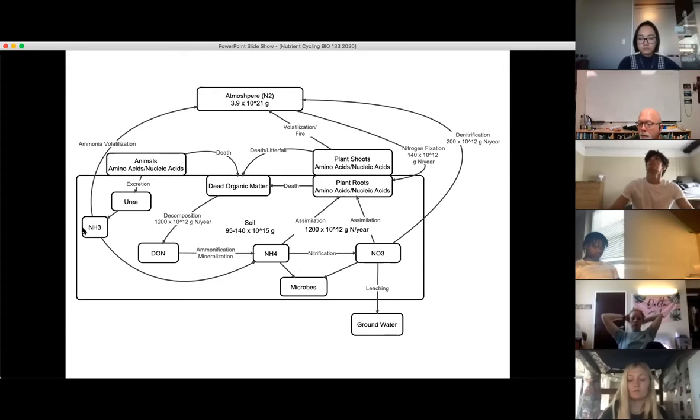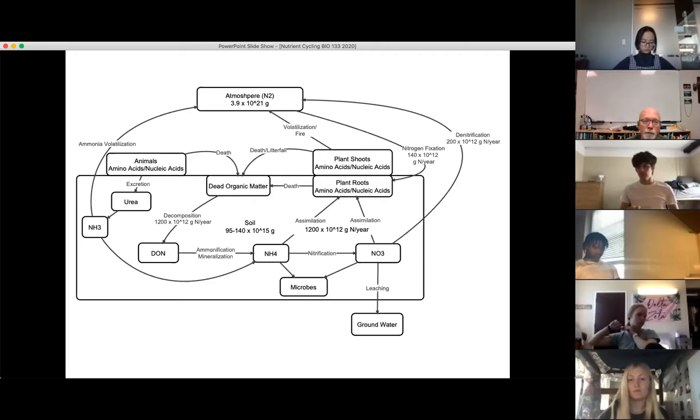This ammonium is going to be blown back off into the atmosphere through the process of ammonia volatilization. NO3 gets blown back to the atmosphere in the form of N2 through denitrification. And then of course, there's also volatilization by fire. So it's a very complicated cycle because nitrogen can take on multiple forms and goes through multiple transformations.